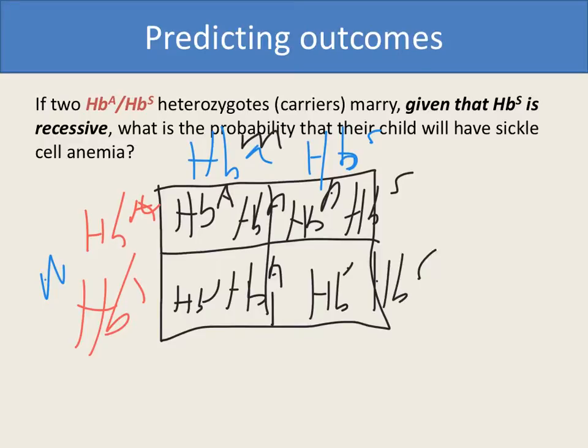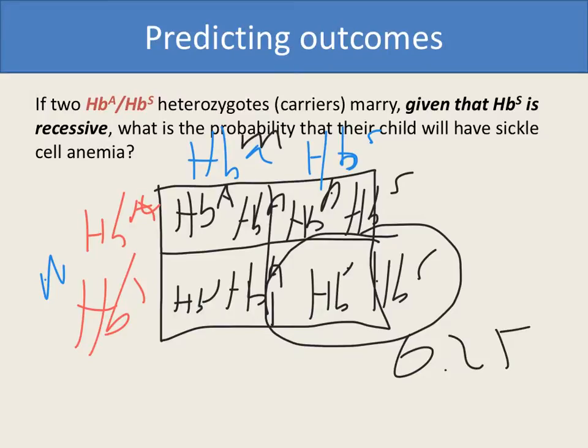So, a child who has sickle cell anemia, that means they will be homozygous for the recessive allele, which is HBS. The only one where we actually get this is this square here. So, that means we have a 25% chance that a child born to this couple will have sickle cell anemia. 0.25. Okay?